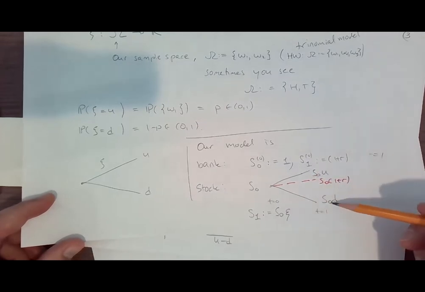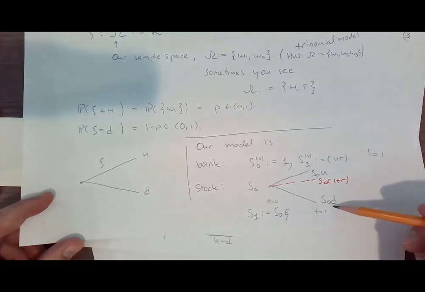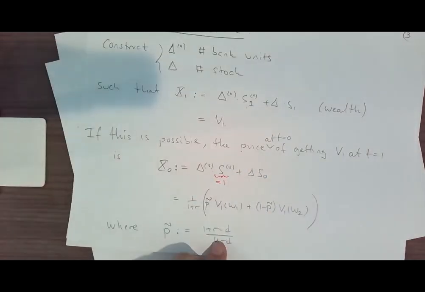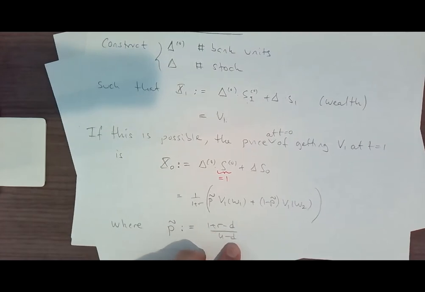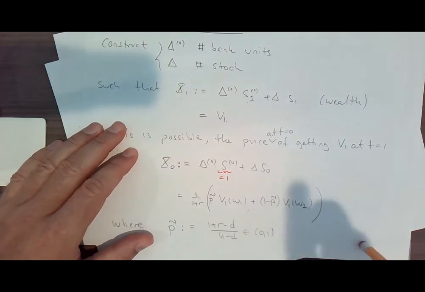So 1 plus r is above d, u is above d, right? So this here is a number that makes sense, and this here is a number between 0 and 1.